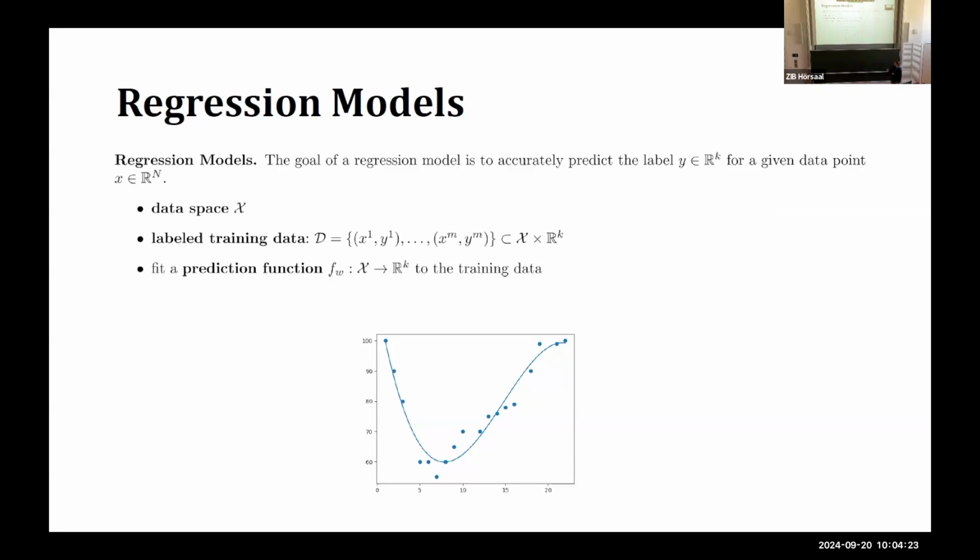So you have a list of training data where X is the input space and Y is the outcome, so the value you want to predict. You need a certain set of data, and then you can fit a function by minimizing an error, as we saw in the first talk, such that this approximates well the true distribution or the true behavior of the data.